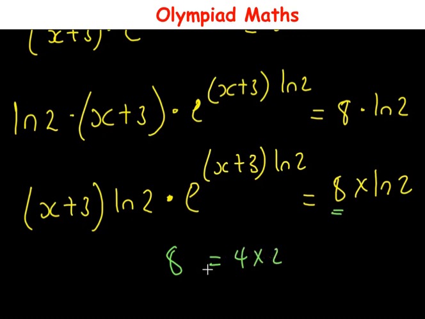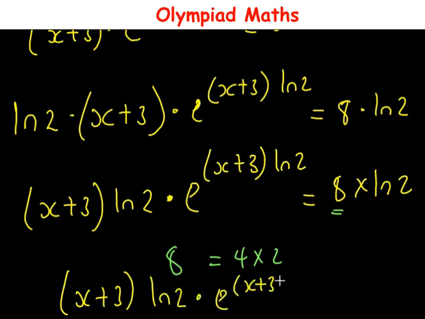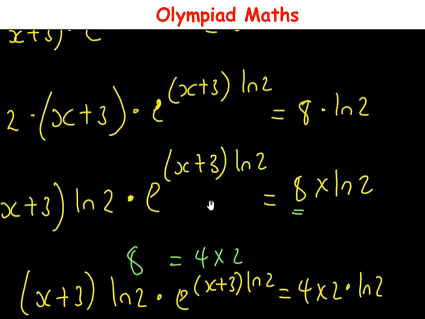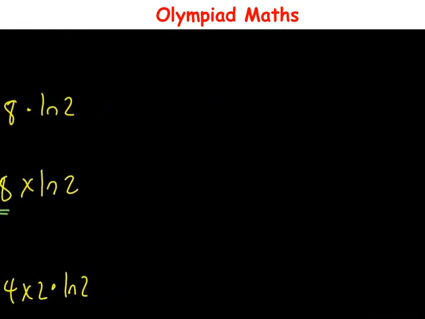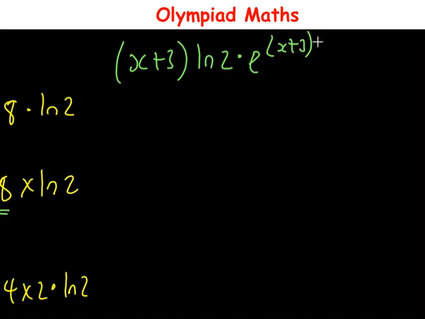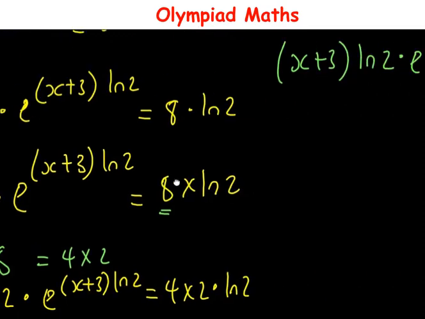So in place of 8, we bring in 4 times 2, such that this becomes x plus 3 multiplied by ln 2, times e raised to power x plus 3 multiplied by ln 2, is equal to 4 times 2 times ln 2. The same thing is brought up right here.